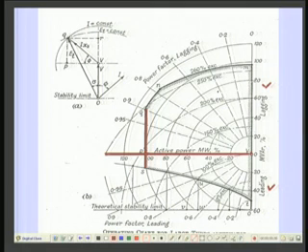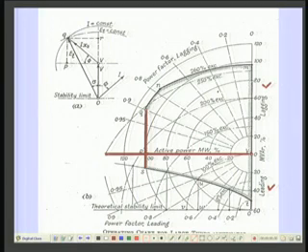Then in the same operating chart, this portion of the curve shows the stator current limit. That is, in case you go beyond this side, then the stator current will be more than the rated current.